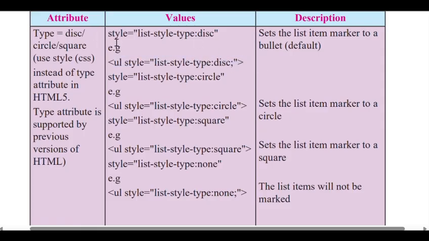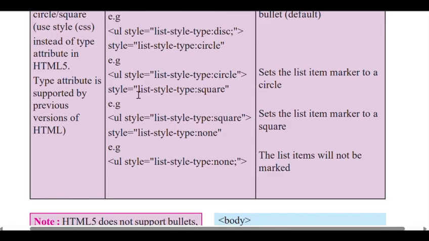This is the format they have given, how to use the particular attribute in that tag, and these are the descriptions. Style is equal to list-style-type: disk will set the list item marker to a bullet by default.